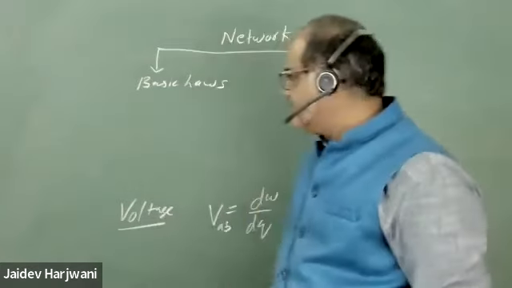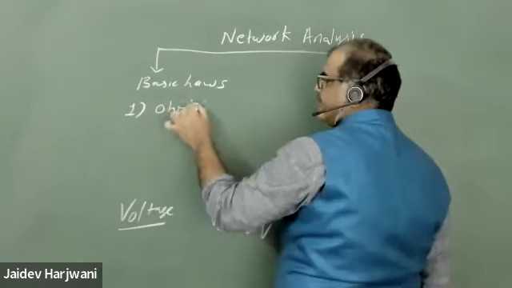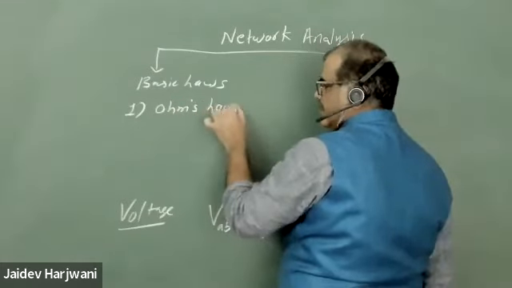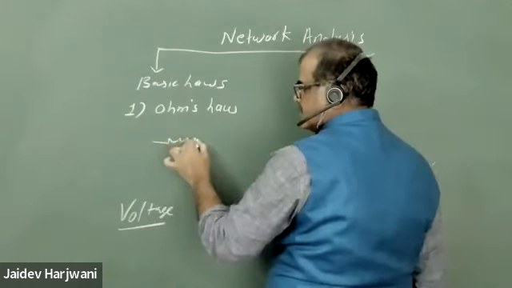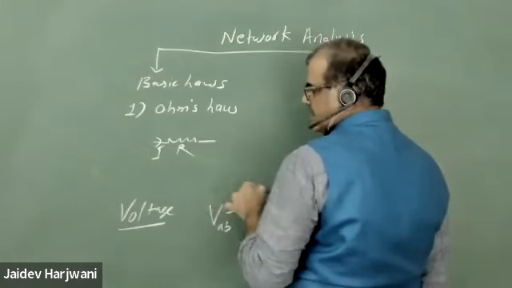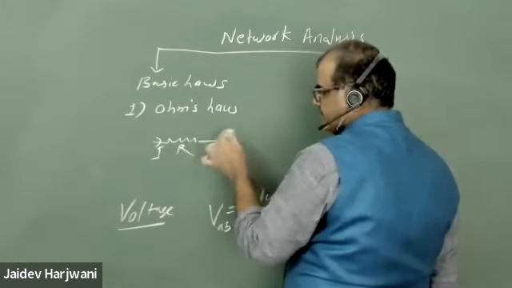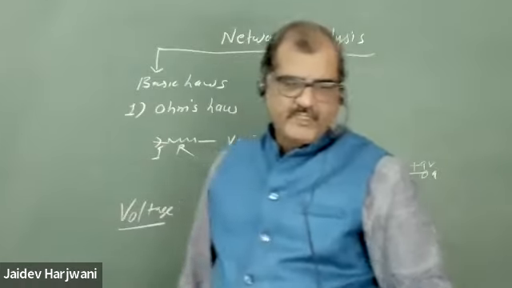And what are the basic laws? Number one is Ohm's law. If you know the resistance and the current I flowing, you can say V equals IR. That's a simple thing.